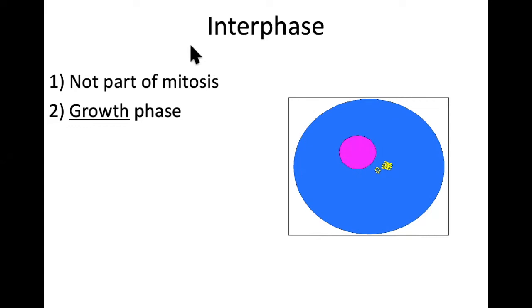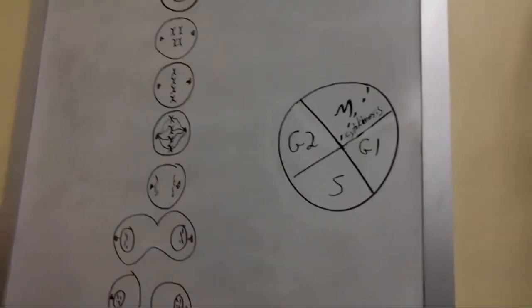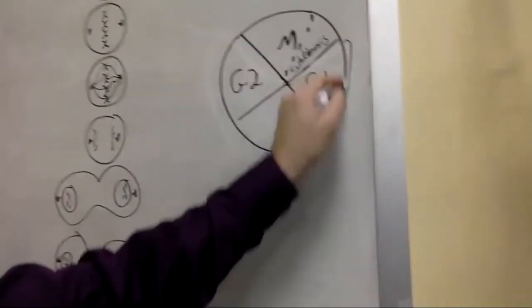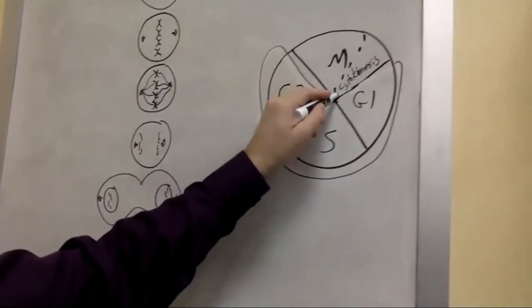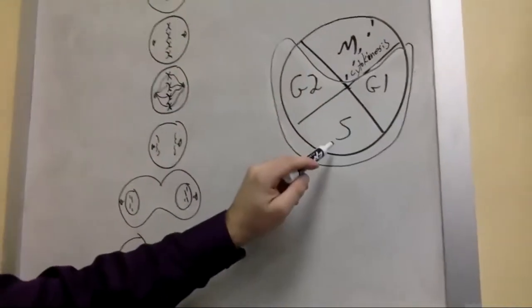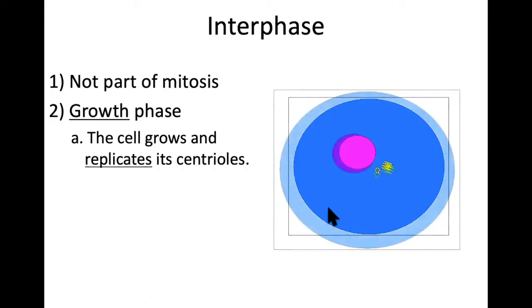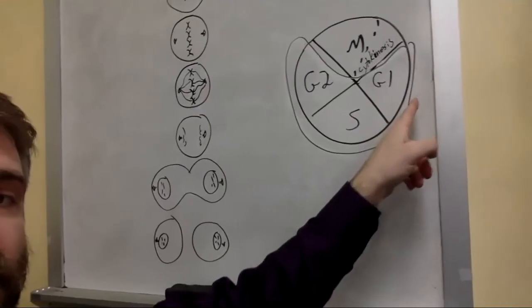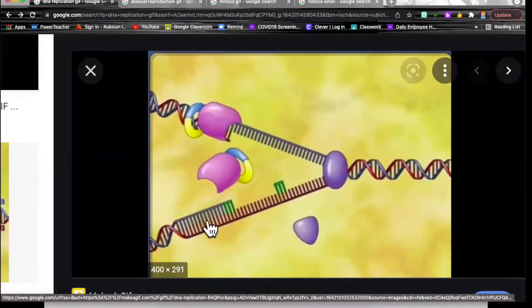This is what we call interphase. Right here on the cell cycle, we are talking about here, here, and here. This whole section of the cell cycle. We're not at mitosis yet. G1, S, and G2. The growth phase, the cell is just going to get bigger. And then we move on to the S phase, where one strand of DNA splits into two.